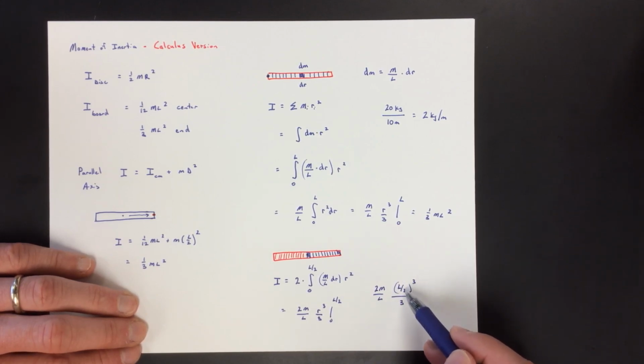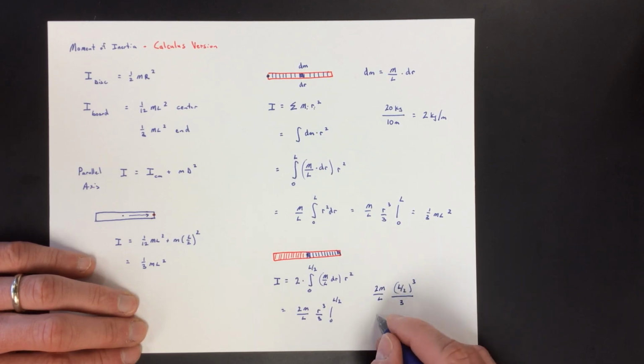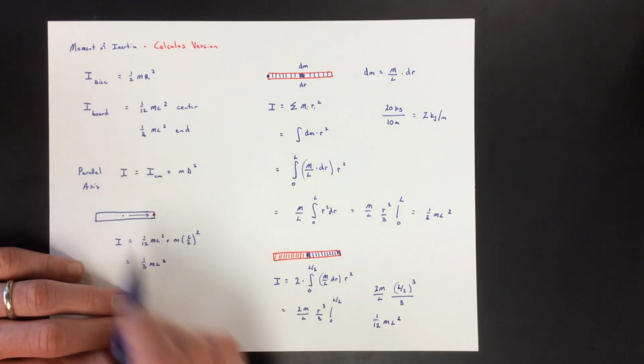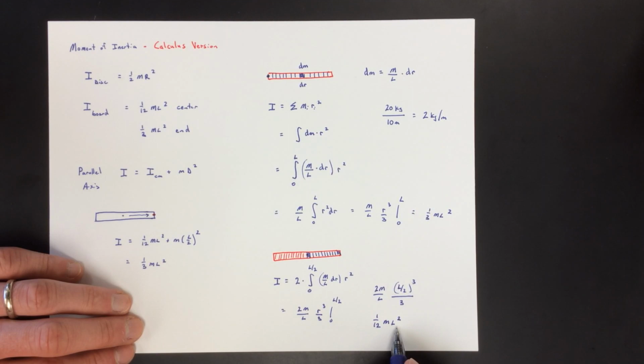L over 2 cubed gives you 1/8. 1/8 and 2 gives you 1/4. 1/4 and 3 gives you 1/12. m, L cubed, and L squared. Boom. See? A board pivot on the center is just 1/12 mL squared.